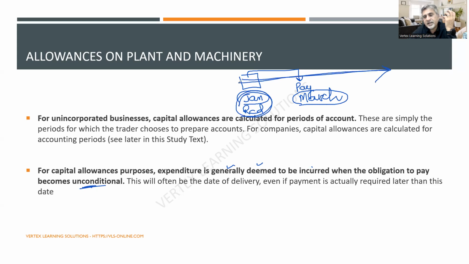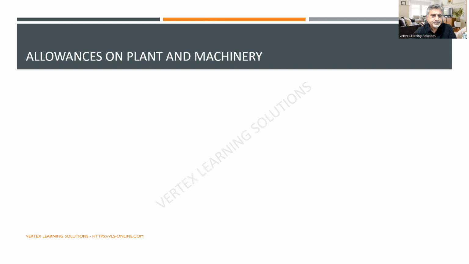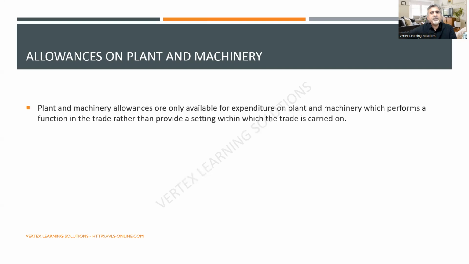How many months of capital allowance should I calculate, 6 months, 8 months, 10 months, or 12 months? Generally, when it becomes unconditional to pay, usually when you receive the asset. You may make a payment after 6 months.